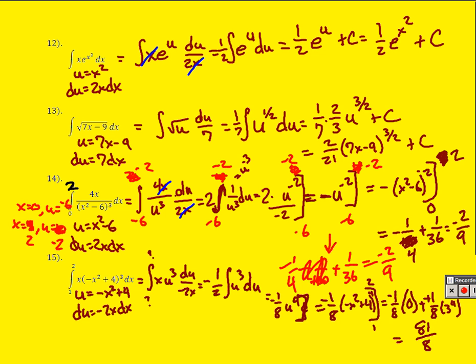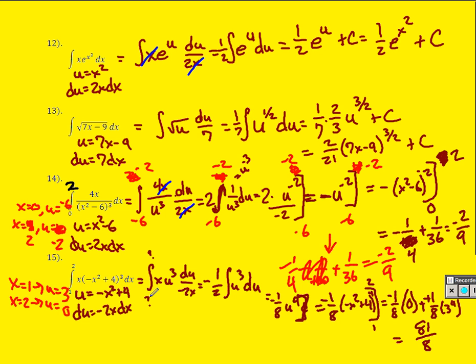And same thing, if I change my limits here, when x is 1, by plugging 1 in, I should get that u is going to equal negative 1 plus 4, which is 3. And for the top limit, when x is 2, that means that u would be 0, because 2 squared is 4, negative 4.